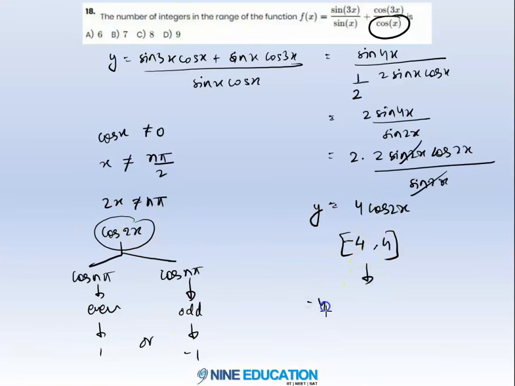In that you can count minus 4, minus 3, minus 2, minus 1, 0, then 1, 2, 3, 4 as the integers, and you may give answer as 9 also if you are not careful. But actually 1 and minus 1 answers are not possible, so you have to discard them. So only 3 on this side, then 2, 3, 4, and in middle we have 0. So total 7 answers are possible, or 7 integers are possible.